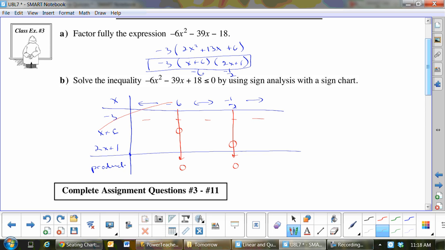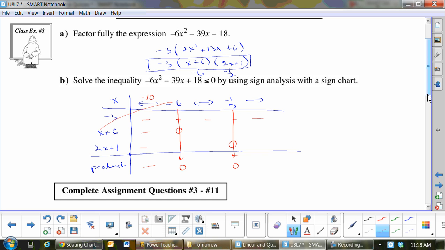Give me a point less than negative 6. Negative 10. Okay? So negative 10 plus 6 is negative. 2 times negative 10 plus 1, negative. So what's a negative times a negative times a negative? It's negative.